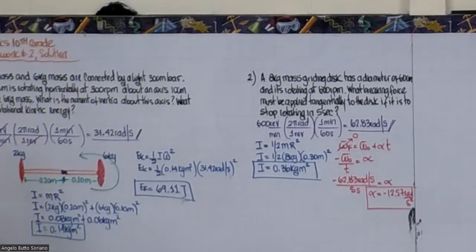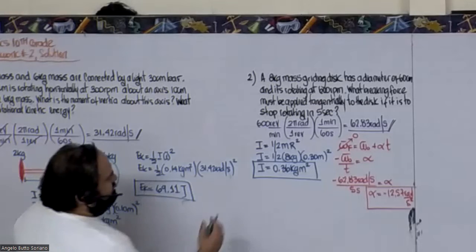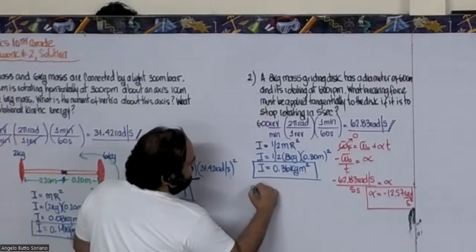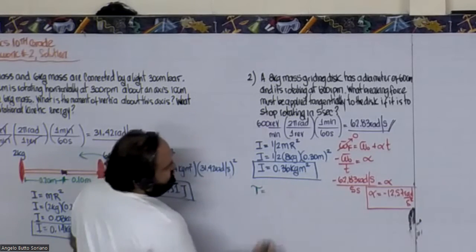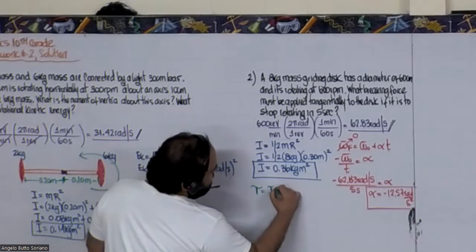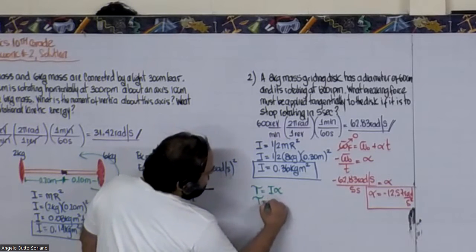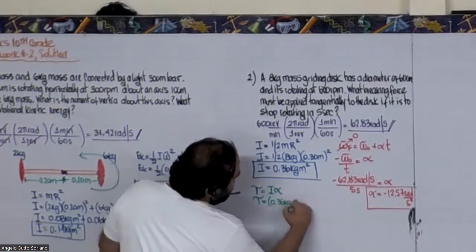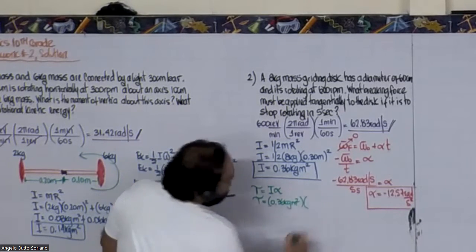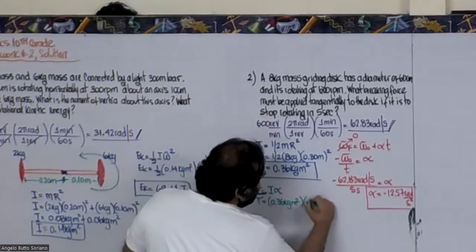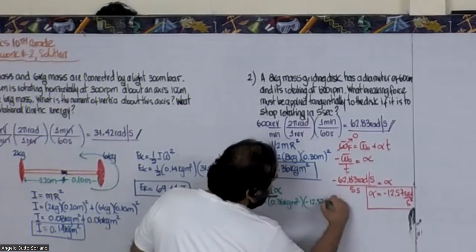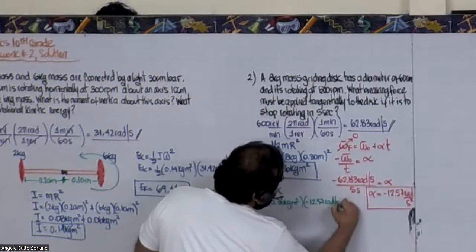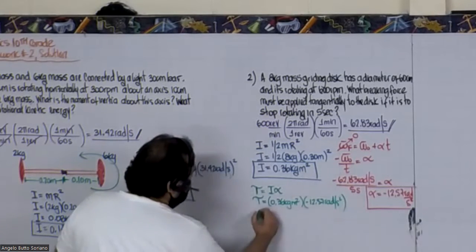And why is it so important to look for alpha? Because tau, the torque, can be calculated by multiplying I times alpha. I mean 0.36 kilograms square meters times alpha, negative 12.57 radians per second squared.